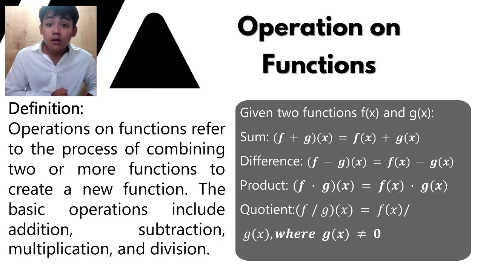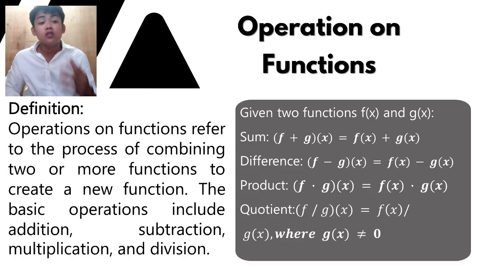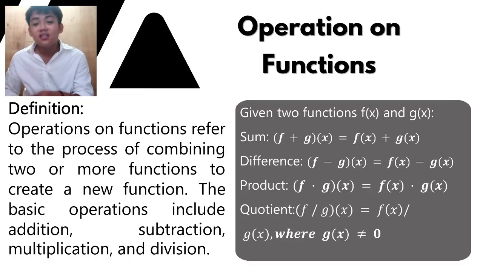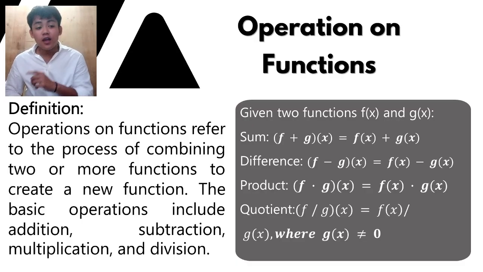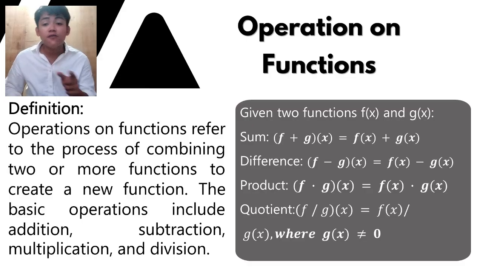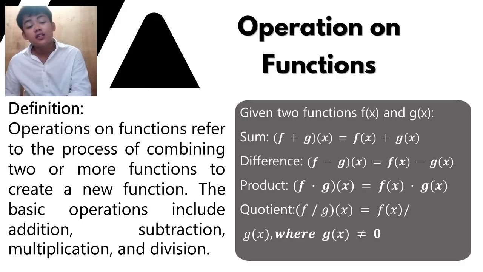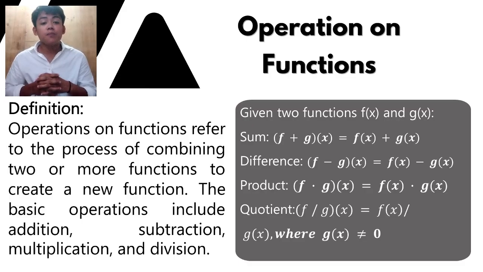So for the sum of the two functions, denoted by f plus g of x, it is equal to f of x plus g of x. For the difference, we have f minus g of x is equal to f of x minus g of x. While for the product, we have f multiplied by g of x is equal to f of x multiplied by g of x.